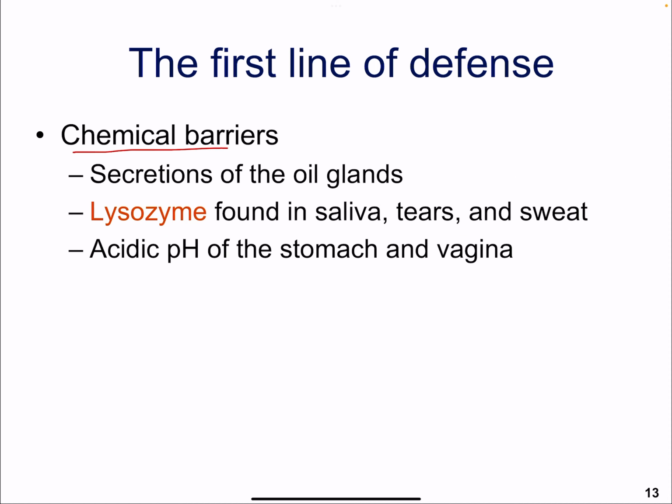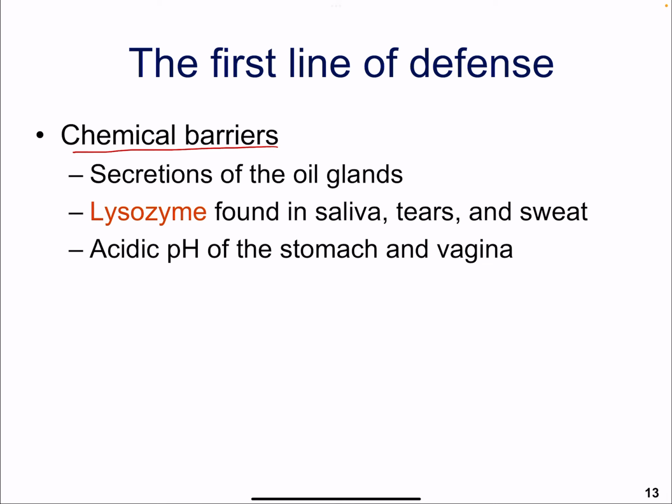And then we have the chemical barriers. In the chemical barriers, we have all the secretions. You have the oil glands in your skin. Please review the integumentary system. The sebaceous glands, they produce oil. That oil, actually, it's a deterrent to the bacteria that are non-resident. In the saliva, the tears, and the sweat, you do have, in the sweat, you do have the salt, right?